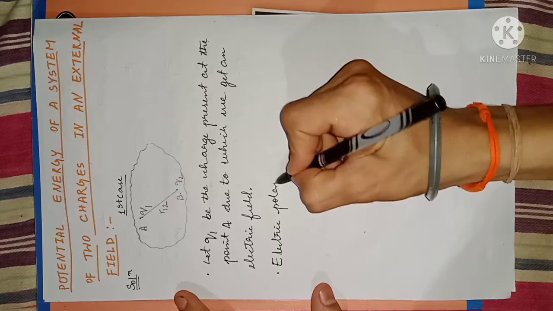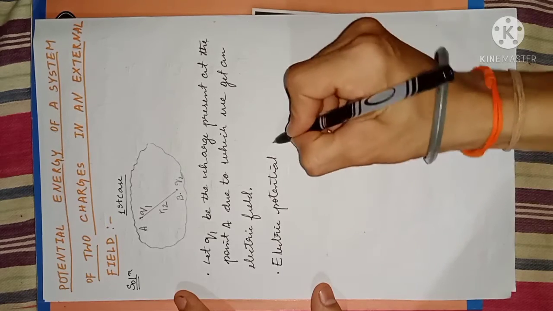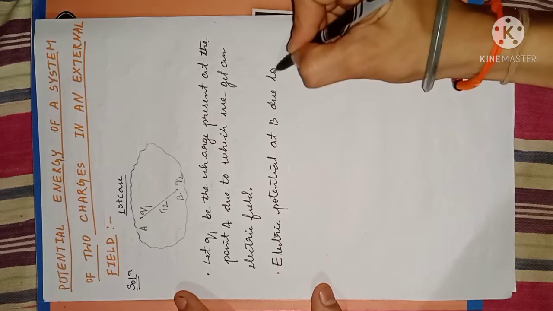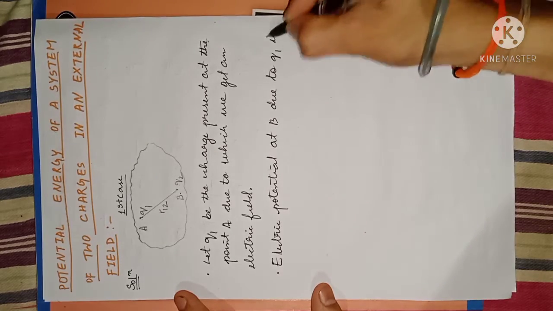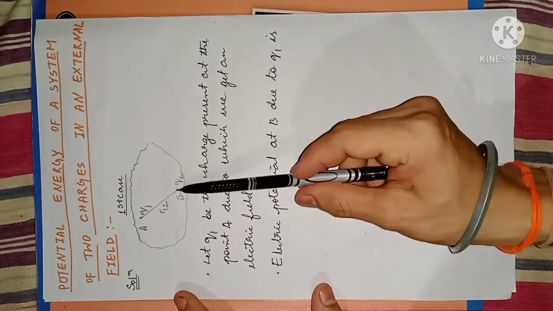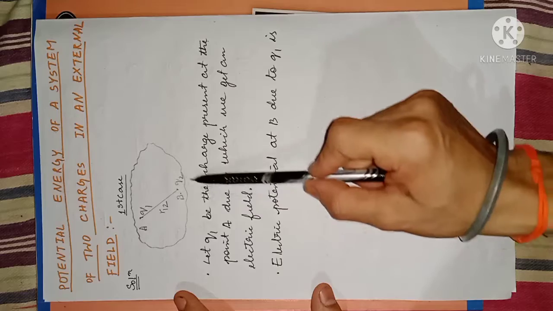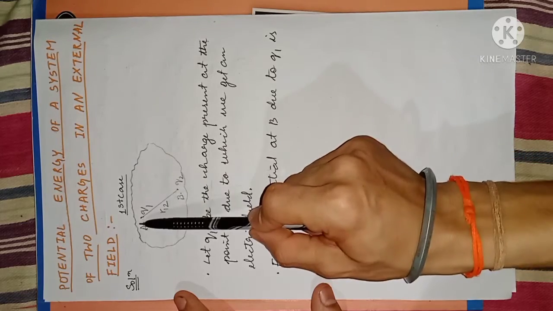electric potential at B due to Q1. Now look here, there is also some electric field. Therefore we need to find the electric potential at B due to Q1.